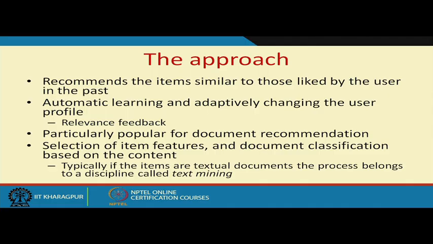What data will it require? It requires the user's past history of search on various items, and how these items are similar to each other based on their content is another data source.